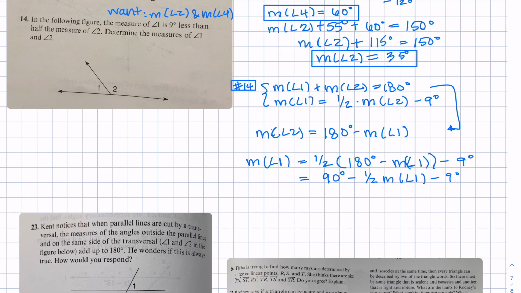And then if I add 1/2 to both sides, I get 3/2 times the measure of angle 1. And 90 minus 9 degrees is 81 degrees. So the measure of angle 1 should be 81 degrees times 2/3.